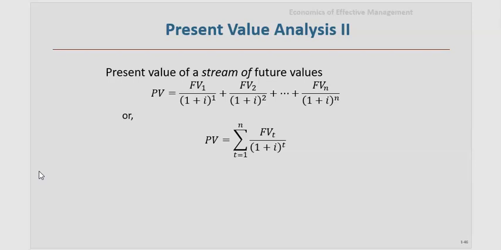Then in year 2, apply the present value formula for amount FV sub 2, and the denominator is raised to the power of 2, and you keep doing that until you reach the end of the decision period, time N. And so this notation says the present value is equal to the sum of the discounted future values added up over years 1 through N.